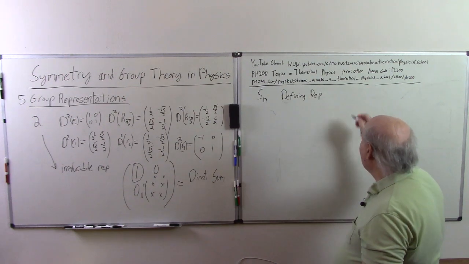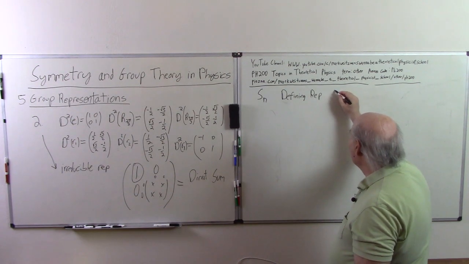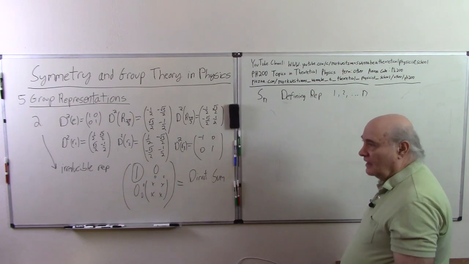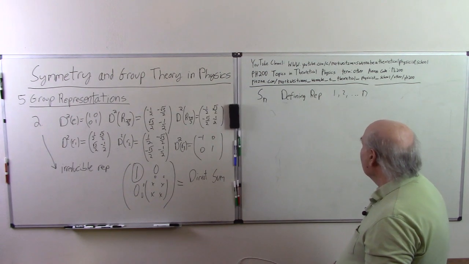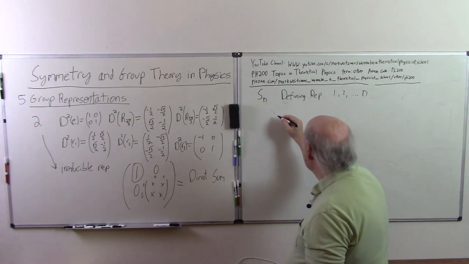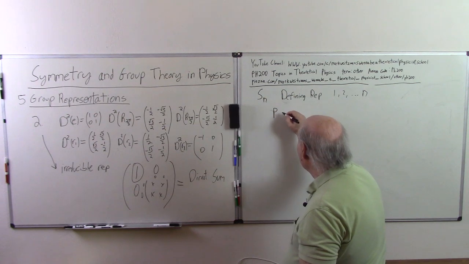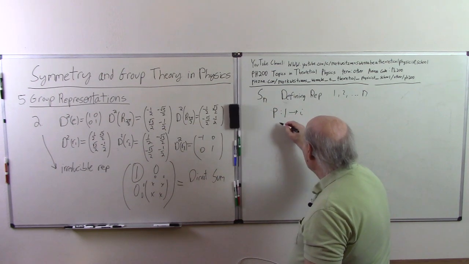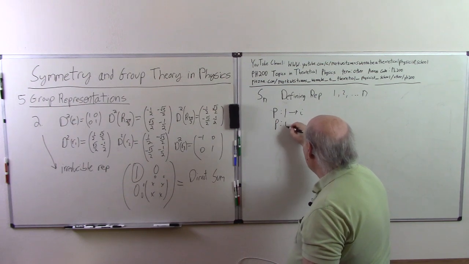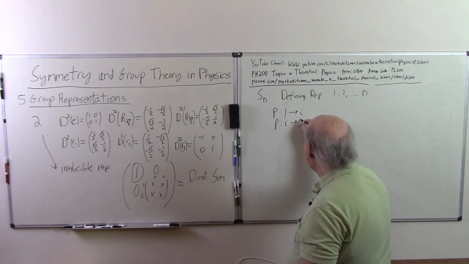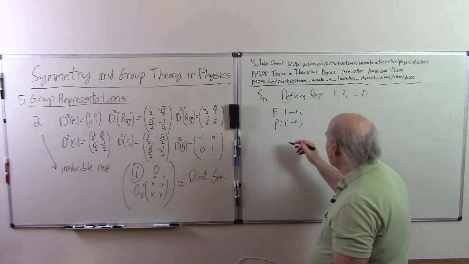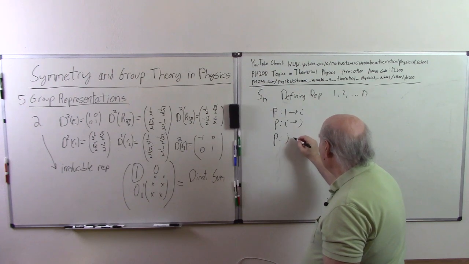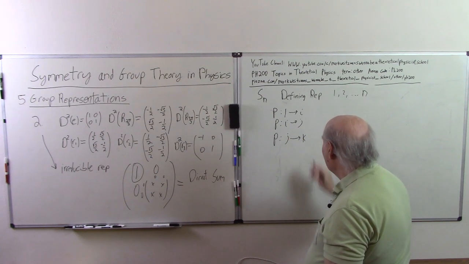Basically, I think of having n objects. So these are the integers, or the objects. And then I assign to each permutation P, let's say P takes 1 to I, and P takes I to J. In general, let's just say P takes the number J to the number K.